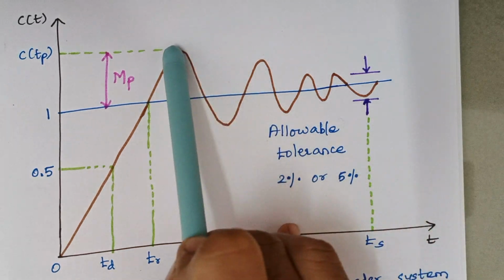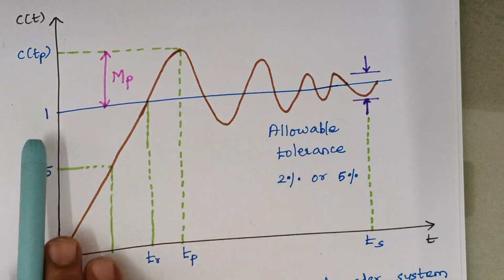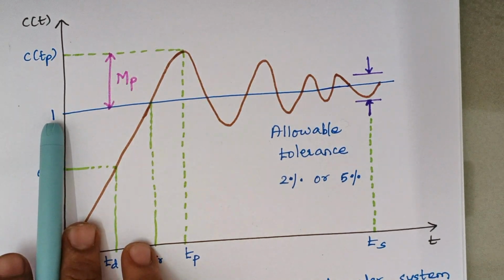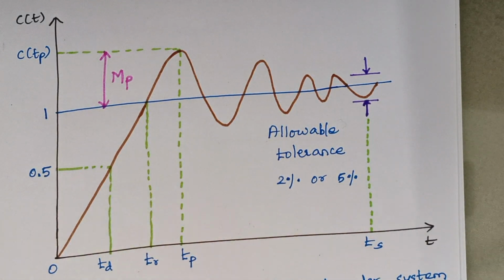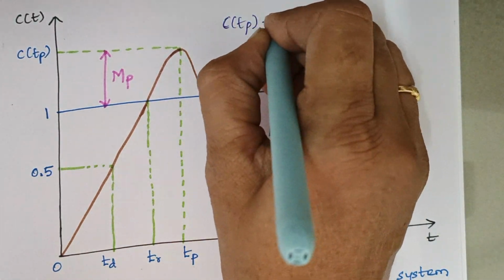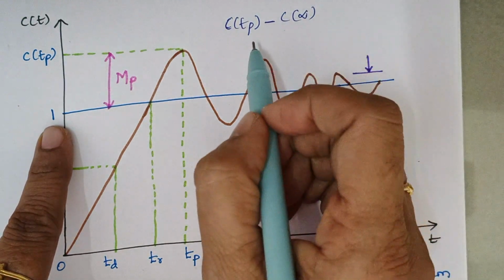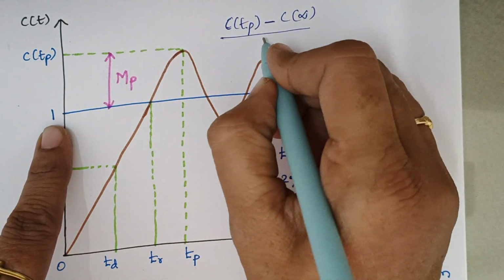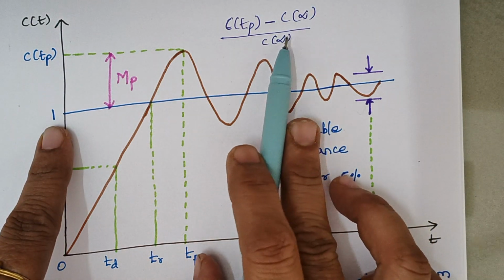So C of TP minus the final value; just for our convenience we are making the final value 1, but the final value may be of any type. While writing the derivation for peak overshoot, it is written as the difference between C of TP minus C of infinity. That is the difference between the peak value and the final value, as a ratio of the final value. Here C of infinity is nothing but your final value.